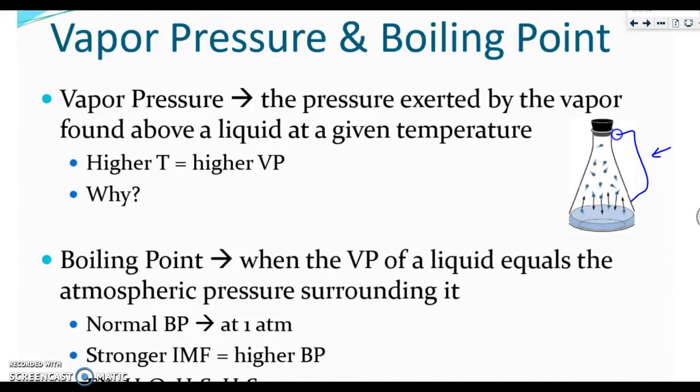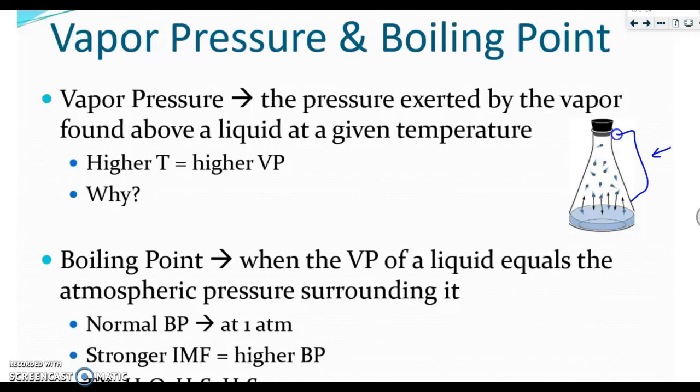The higher the temperature of that solution, the higher the vapor pressure. So let's think about this. As I heat water, what starts to happen? Eventually, the molecules start to vaporize into steam, and that requires higher temperatures.